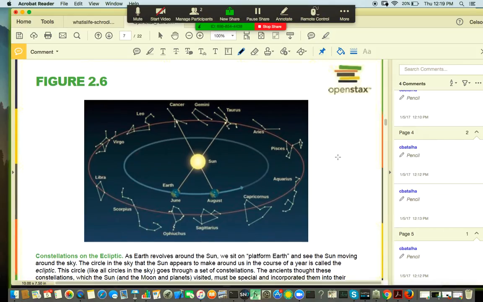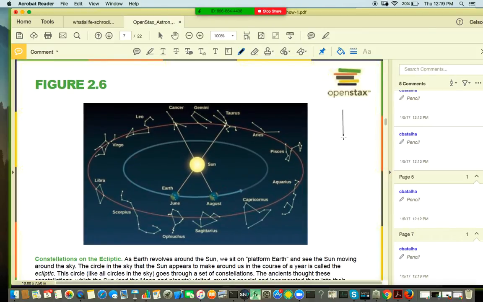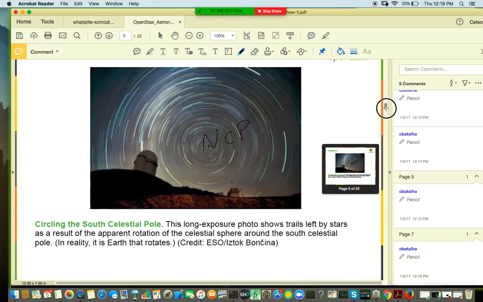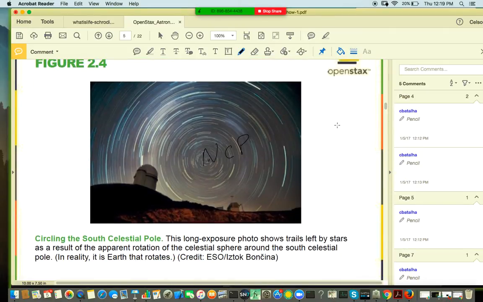And go back to some paper that I can write. Right here. So Earth, let me put Earth.